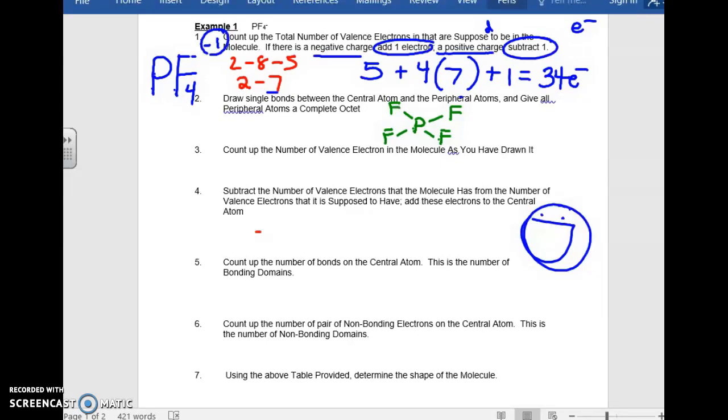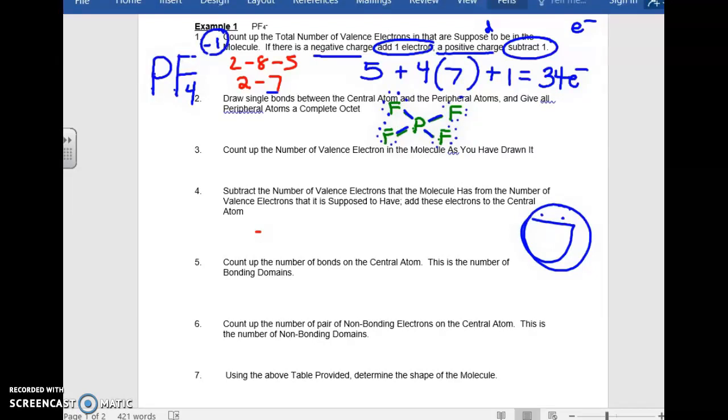Now the fluorines follow the octet rule. They're happy with a total of 8 valence electrons. Remember, the bond itself counts as 2 electrons. 2, 4, 6, 8.